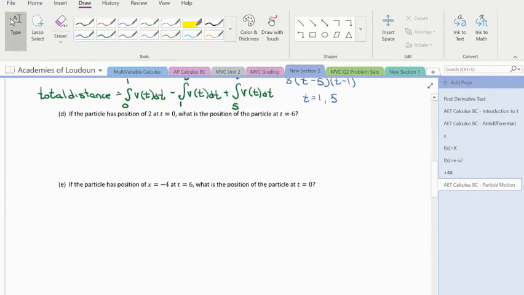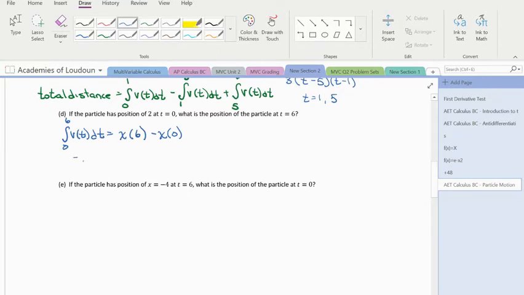All right, so looking at example D, we have: if the particle has position of 2 at t equals 0, what is the position of the particle at t equals 6? Okay, so we need to use our displacement. And again, remember, we know from the fundamental theorem of calculus that the integral from 0 to 6 of our velocity is equal to my position at time t equals 6 minus my position at time t equals 0.